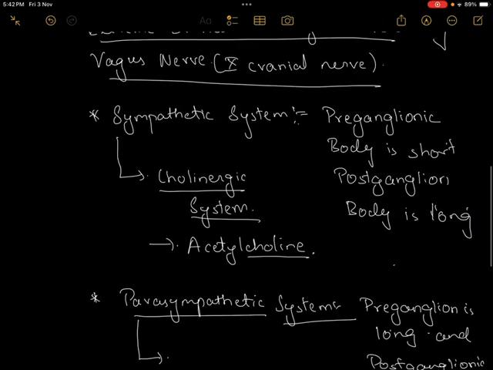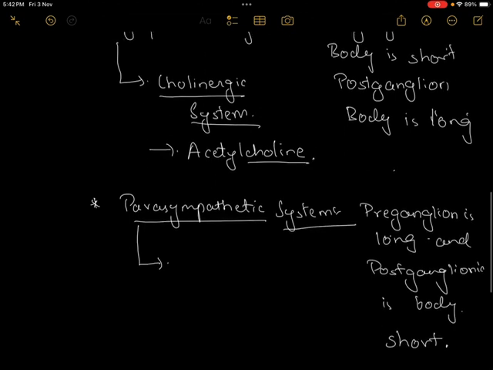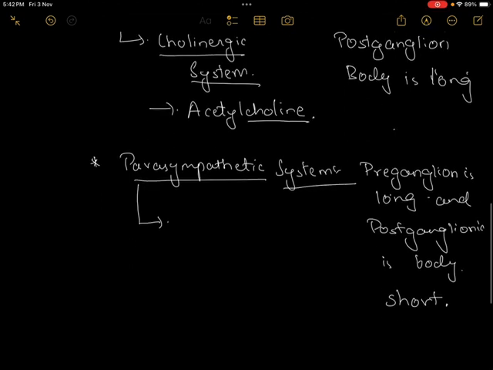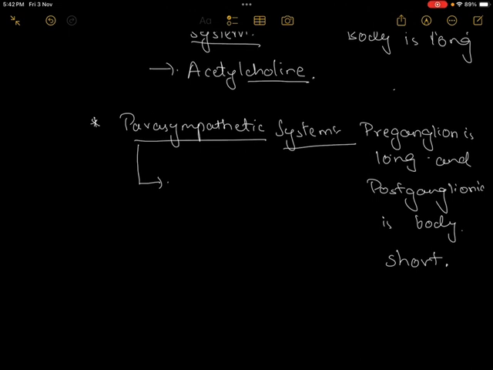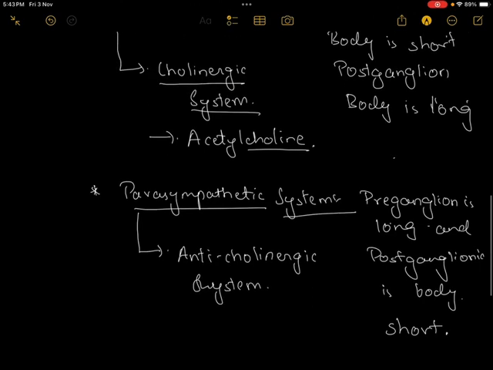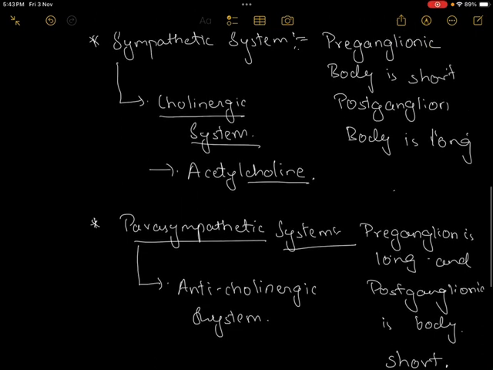As I have said, we also call the sympathetic system the cholinergic system because it uses acetylcholine as a neurotransmitter. So what is the other name for the parasympathetic system? The other name is anticholinergic system. Anticholinergic system.